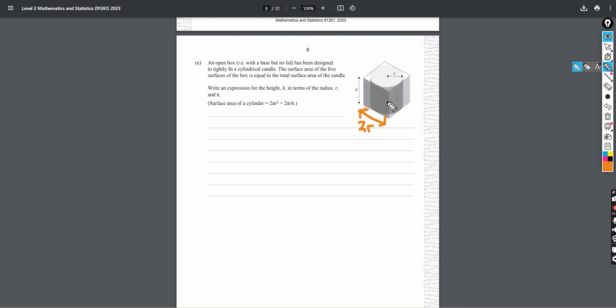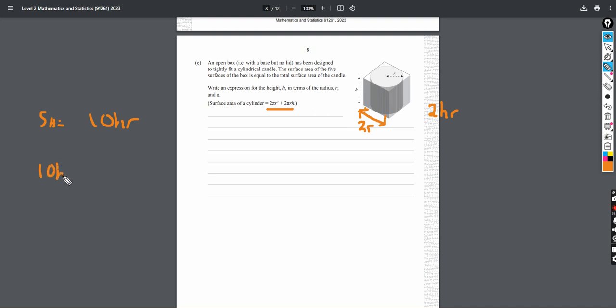So what they're saying is the surface area of one panel is 2hr, and we've got 1, 2, 3, 4, 5, not 6 because the top's open, so the surface area of the box equals 5 times that, so it's going to be 10hr. Surface area of the cylinder will be pi r squared. Well, it's down here. Equals that.